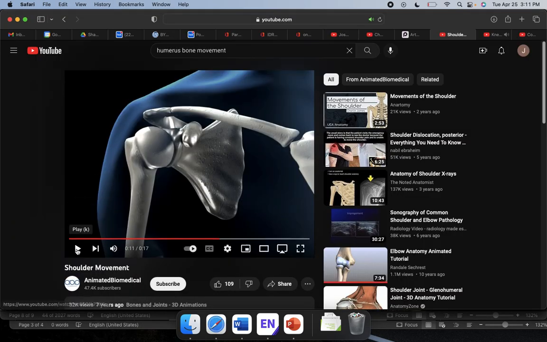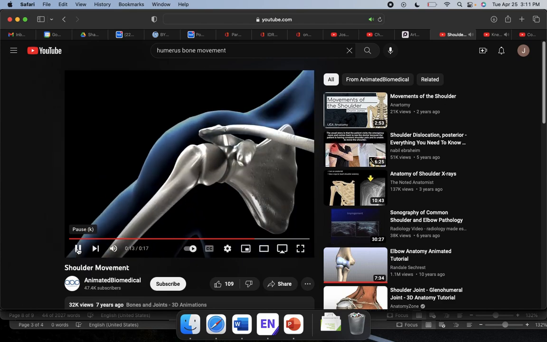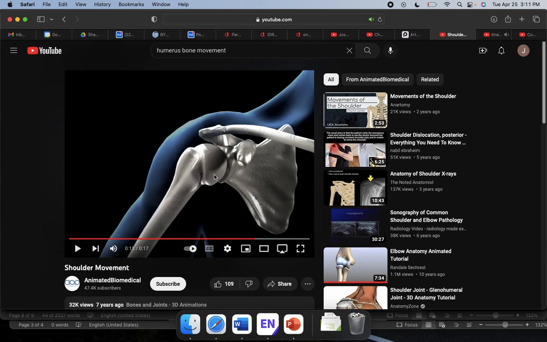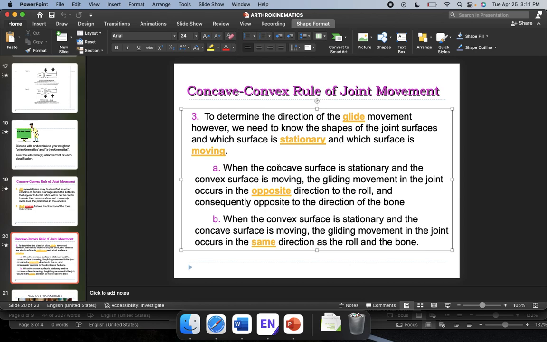Let me come back to our trusty shoulder video. Inside of this shoulder, we have a convex bone moving on a concave surface. Let's come back to our slide. When the concave surface is stationary and the convex surface is moving, the gliding movement in the joint occurs in the opposite direction to the roll.